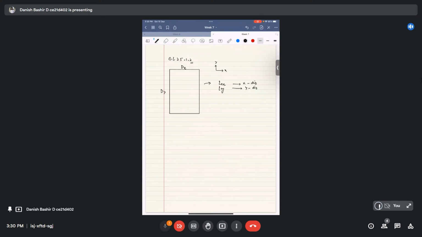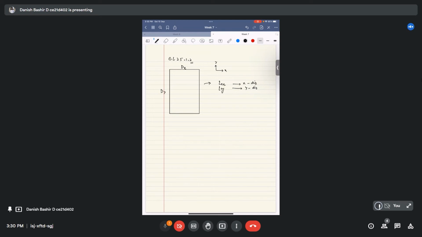You would have studied these concepts in the online lectures, why lex and ley may be different in different cases. This is the effective length in the x direction and y direction. There is a detailed calculation of the effective length of the column.